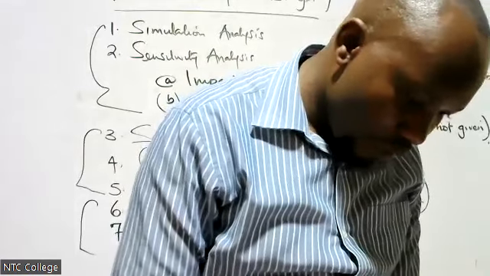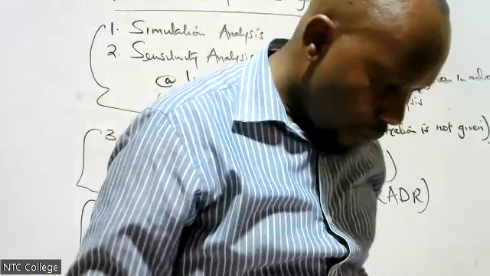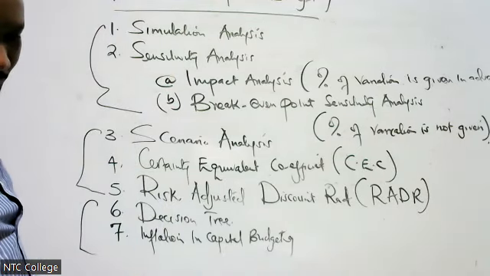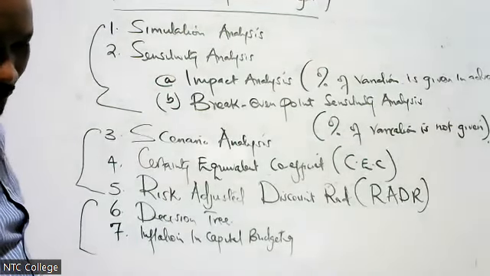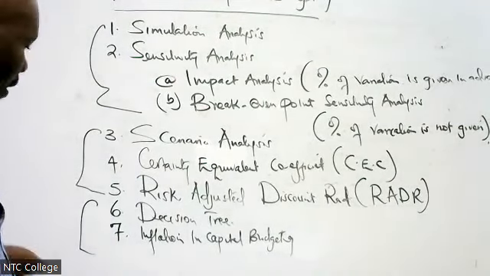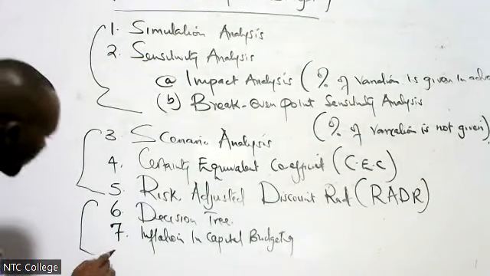The next one, we need to look at projects with an unequal lifespan, or with what we call annuity equivalent values.